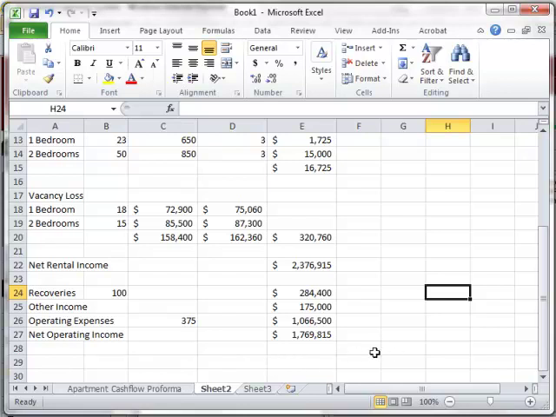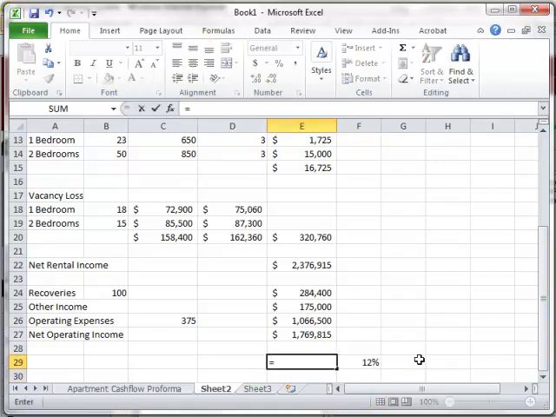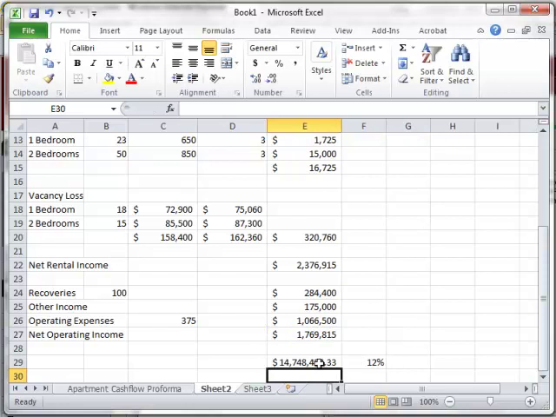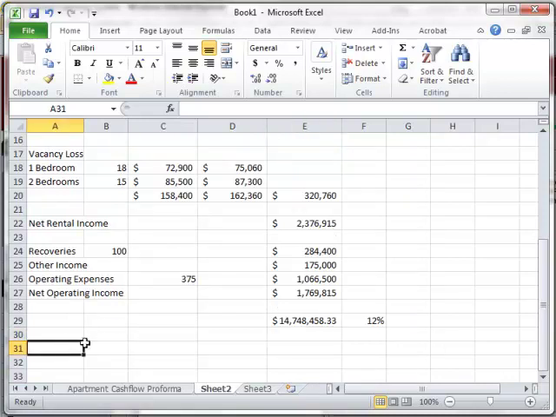For example, if this is a pretty risky project and we want a 12% rate of return, we would simply divide this NOI by that 12%, and we would have a property worth $14,748,000.